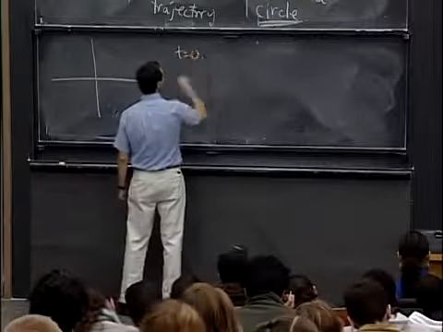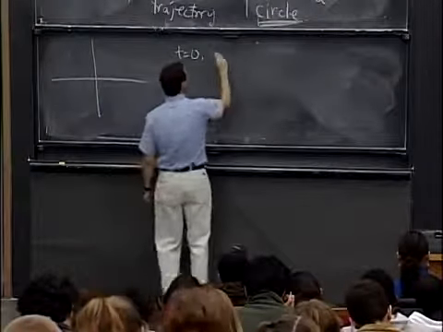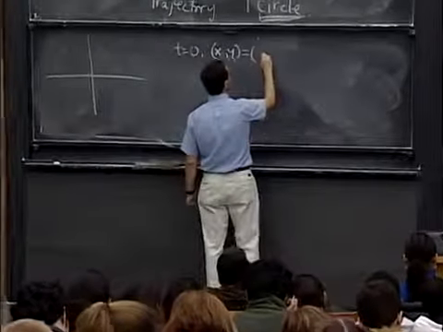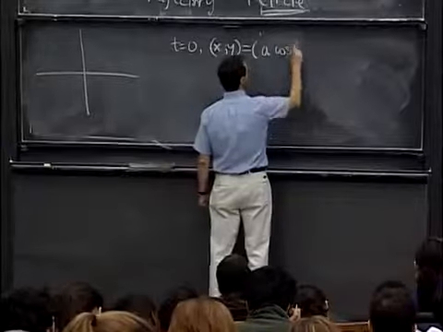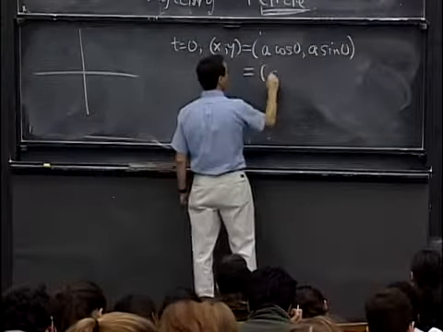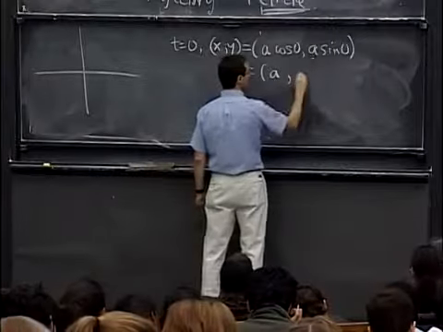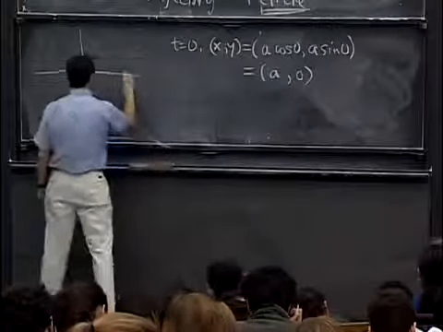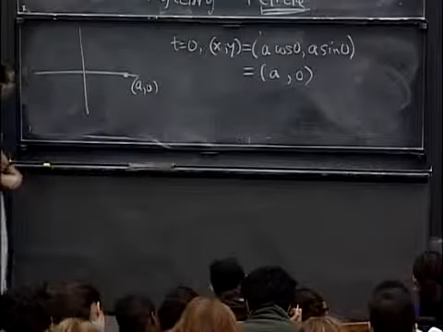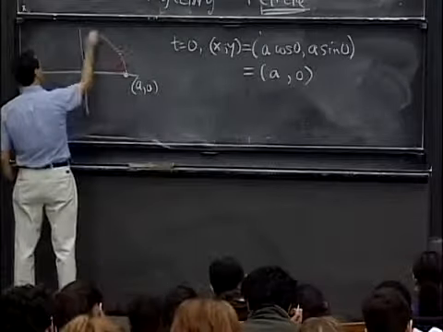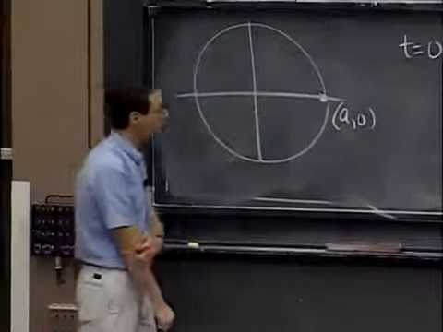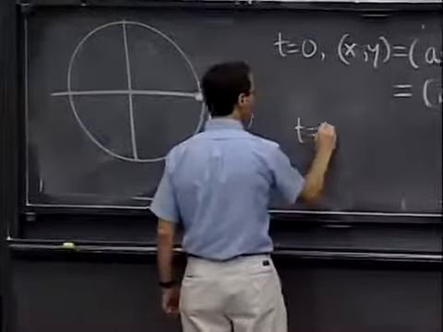At t equals 0, we have x, y equal to a cosine 0, a sine 0, which is just a times 1 and a times 0, so a, 0. And that's here. That's the point a comma 0. We know that it's the circle of radius a, so we know that the curve is going to go around like this somehow. So let's see what happens at t equals pi over 2.